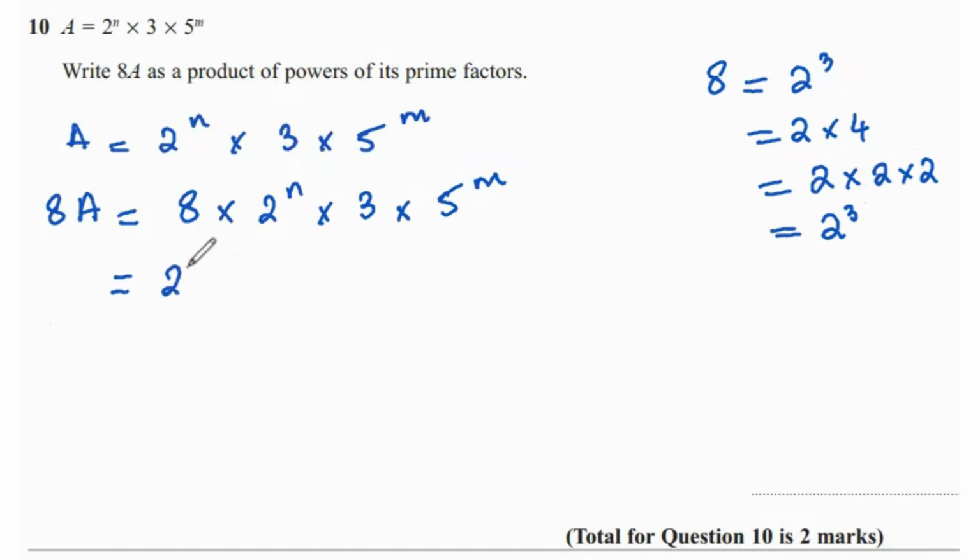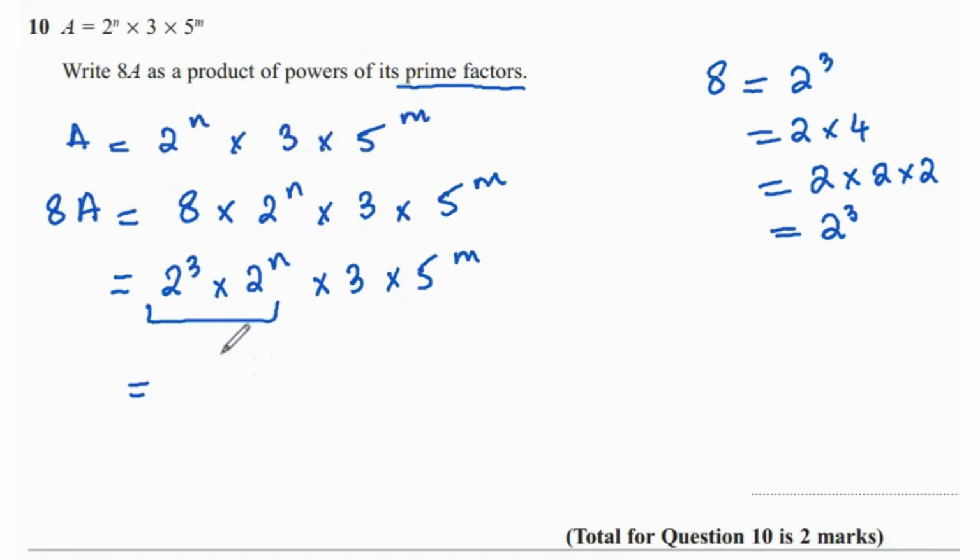So now, 2 cubed times 2 to the power of n times 3 times 5 to the power of n. They want the answer as a product of powers of its prime factors. So over here we can see that these two 2's represent the same base of 2, and 2 is a prime number.